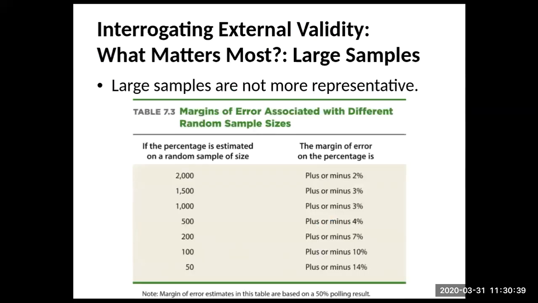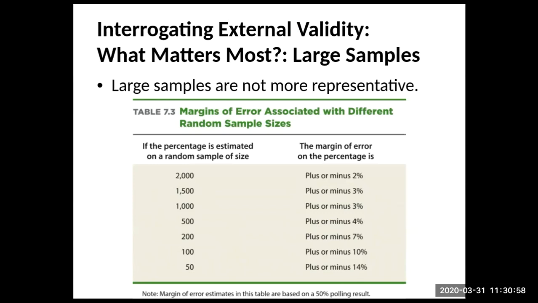So, looking at this sort of graph or table, if the percentage is estimated on a random sample size of 2,000, your margin of error is very small, plus or minus 2. 1,500 people, it's still pretty small. 1,000 people, it's still at 3%.